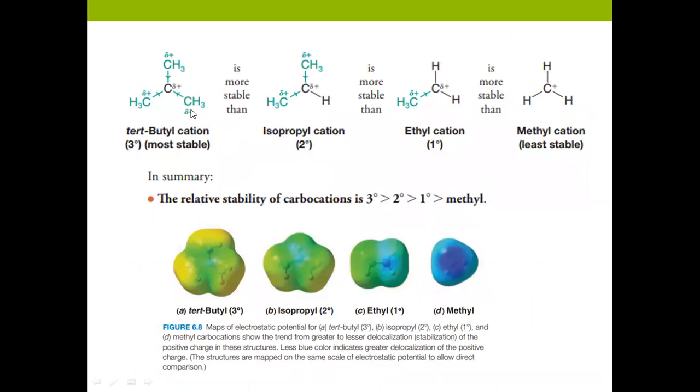If there is a group of atoms, for example an electronegative atom, an electronegative atom has the tendency to draw electrons toward itself. So for example, there is fluorine here next to the carbon. Fluorine is the most electronegative atom, so it draws electrons to itself.